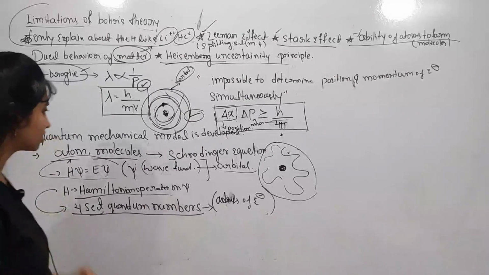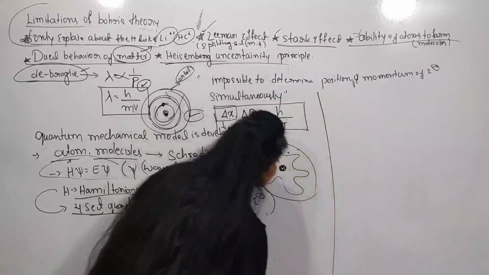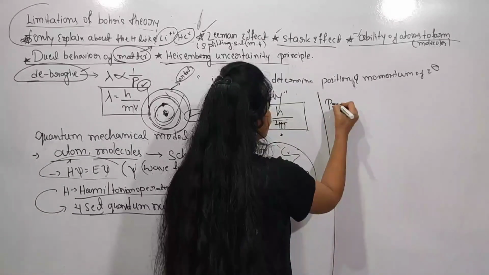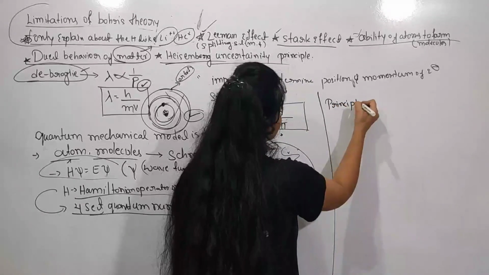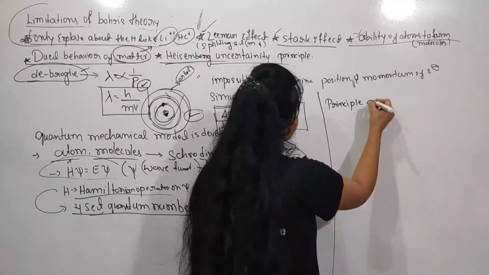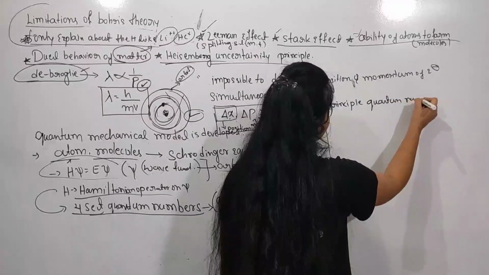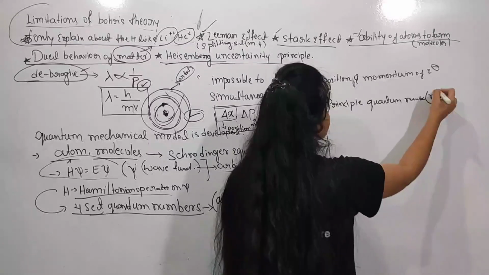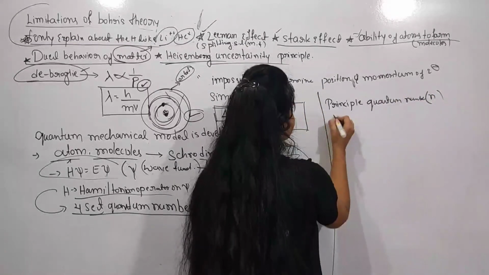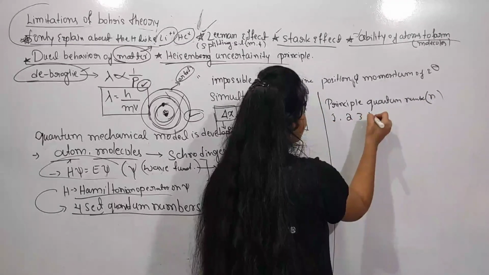So what are those 4 quantum numbers? The principal quantum number is denoted by small n, and its value is 1, 2, 3, 4.